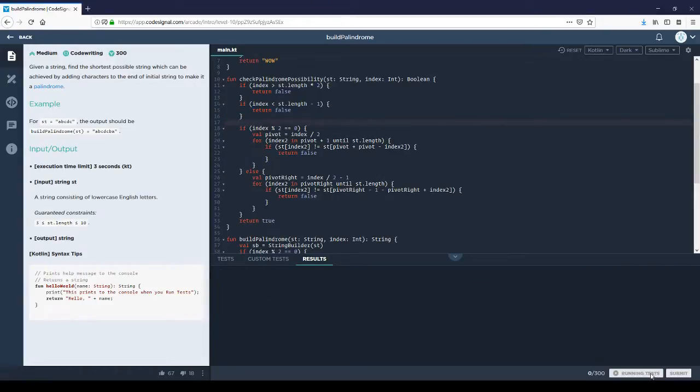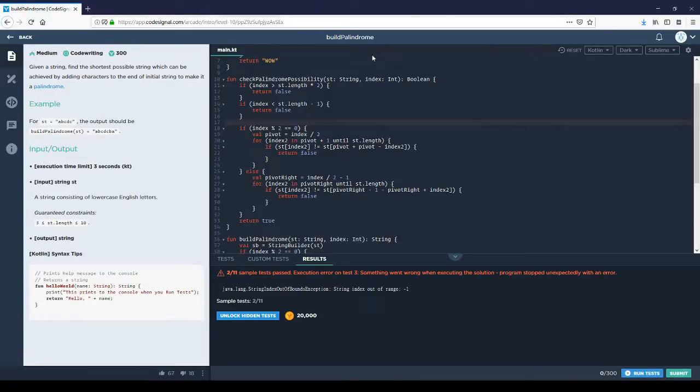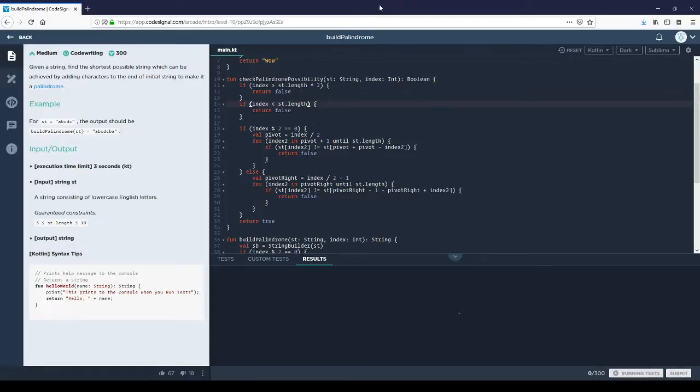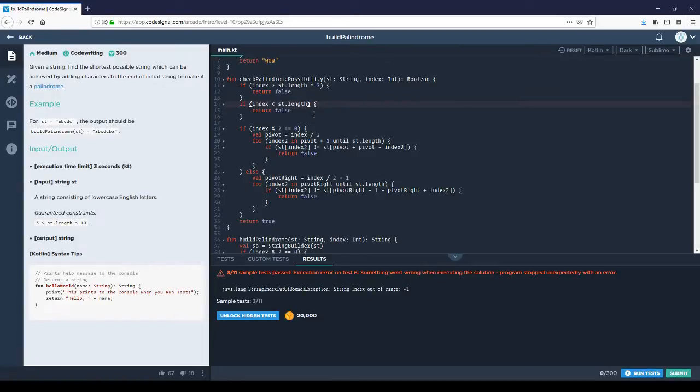Still incorrect. Add test case. Which test case? Test case 2. Let's see what test case 2 is. Huh.